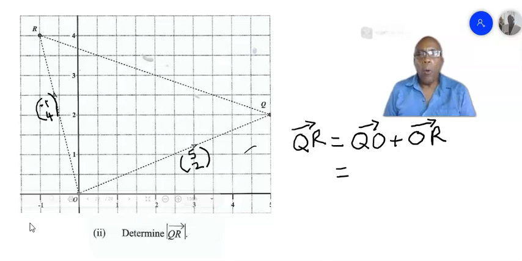Vector QO, let's find it. We have vector OQ, okay? That's a position vector of Q, which is 5, 2. So QO is the inverse of vector OQ. And so we just change both signs to get vector QO is negative 5, negative 2.